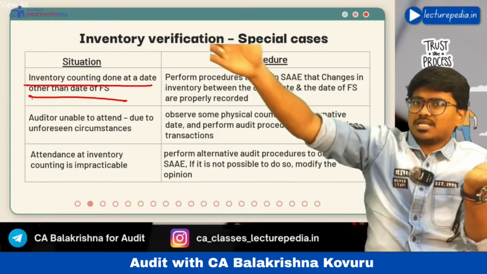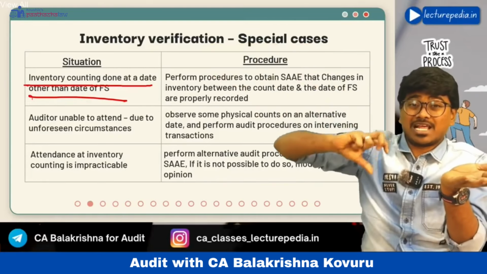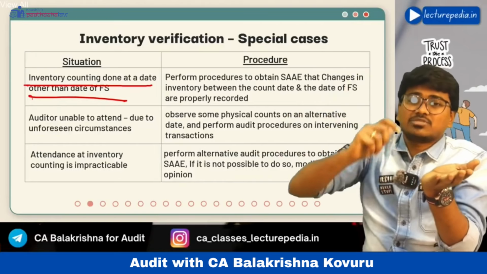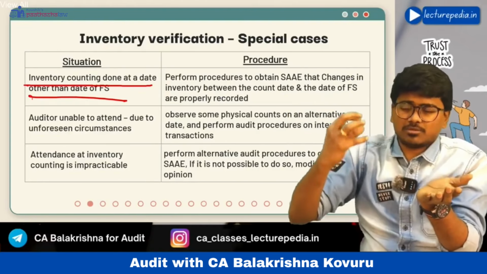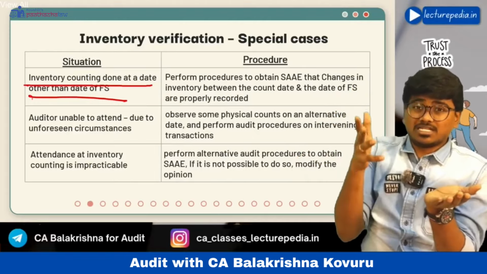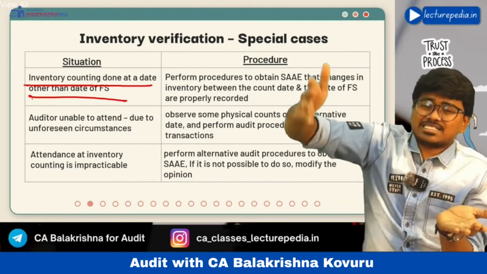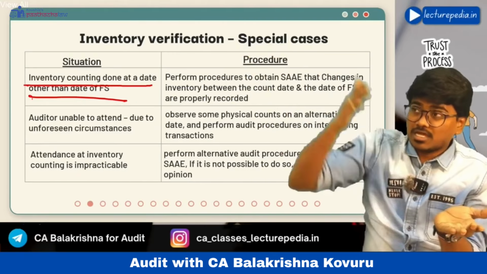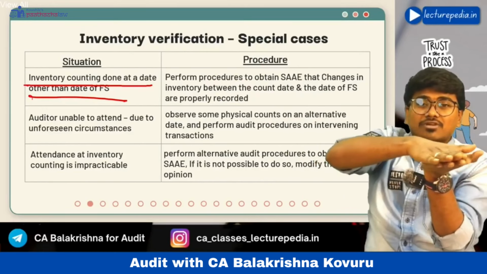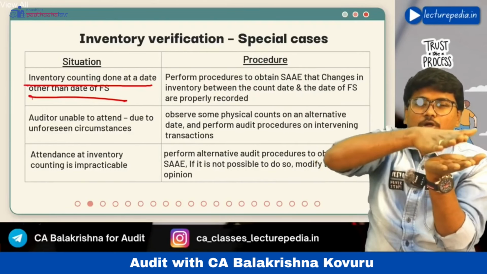Some changes would have taken place in this period. Some sale of inventory might have taken place, some purchase of inventory might have taken place. You have to audit whether those transactions have been recorded properly or not, and you have to do a backward calculation to arrive at whether the inventory as on this date is shown properly or not.